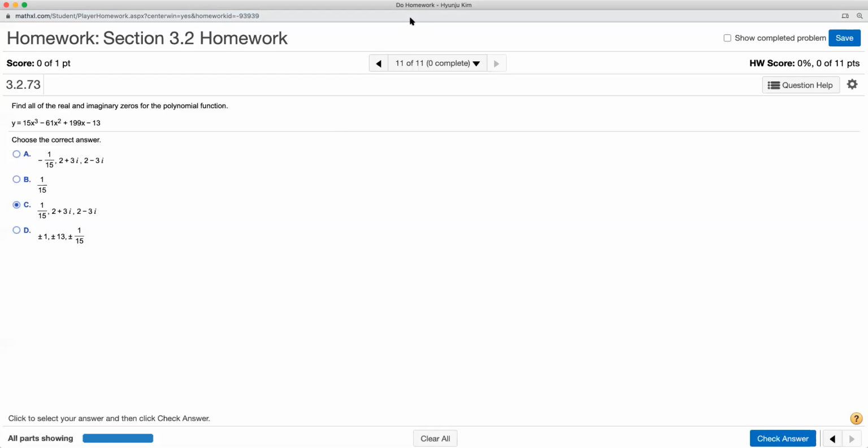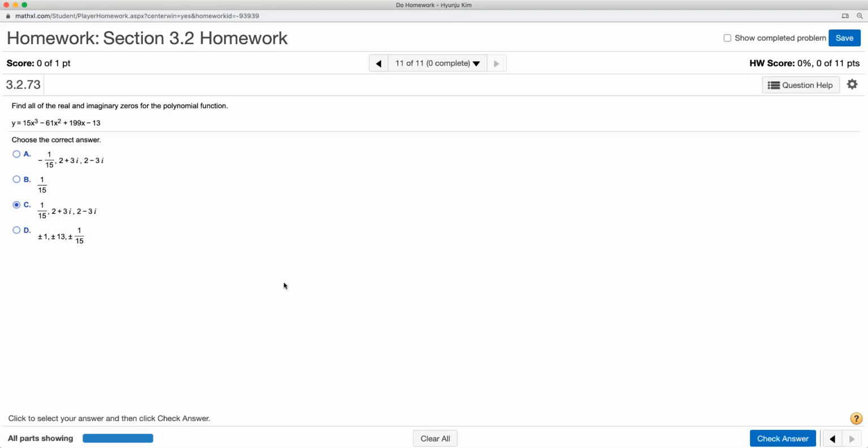I want to cover the problems in homework set 3.2. Look at problem number 11: find all of the real and imaginary zeros of the polynomial functions. That was the goal of this section 3.2. We deal with polynomial functions, and we want to find all of the zeros.